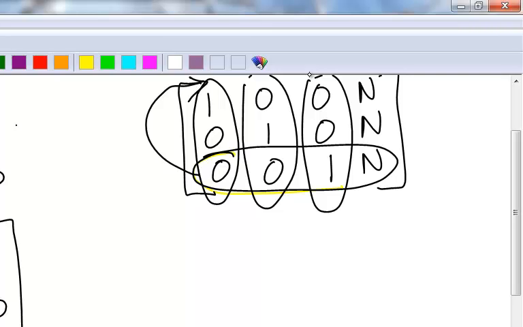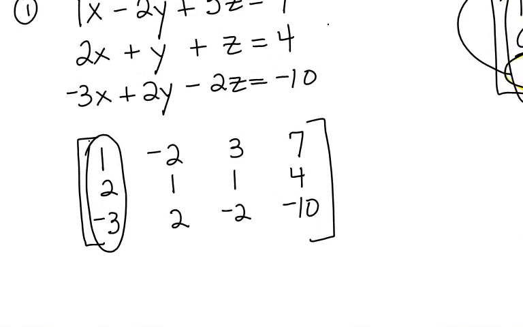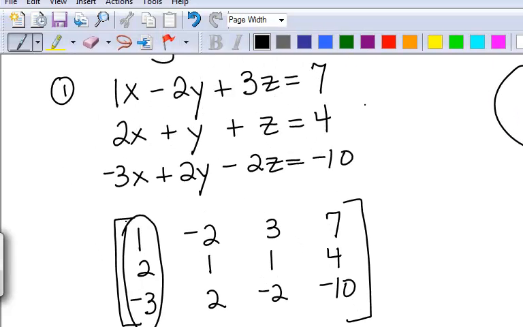So, Joseph, I'm going to pick you. Pick column 1, 2, or 3. Your choice, because they all have 1s in them. Column 1. Okay, and circle that column up and down or highlight it, and we want to use the 1 in that column to get a 0. We're going to try to get a 0 here, and then we're going to try to get a 0 here.